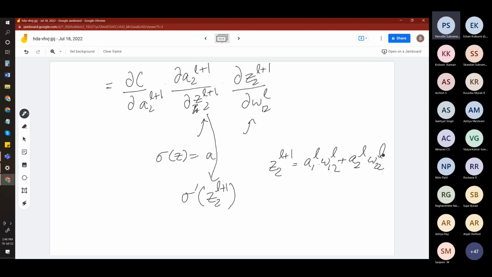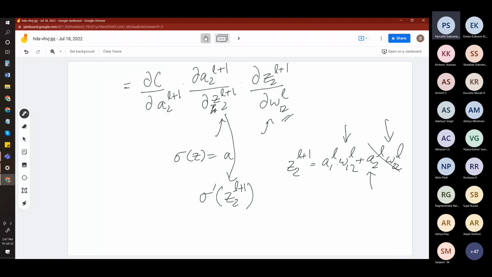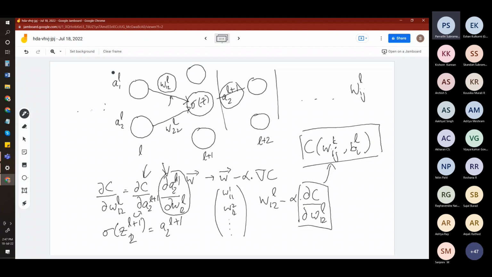Now this is the relation between Z and W, and this helps us calculate the partial derivative with respect to W. The important thing to remember here is that the W's are the independent variables. They don't depend on each other, whereas the A variables were created from the W's. So when I take the partial derivative with respect to W12^L, this term would completely get cancelled because it is completely independent of W. When A2^L was calculated, it depended on the weights of the previous layer, L minus 1.